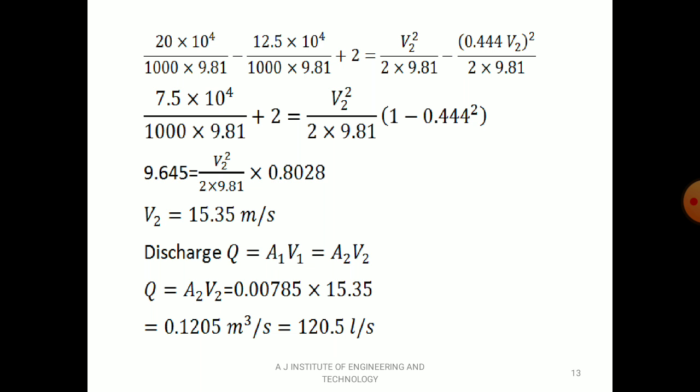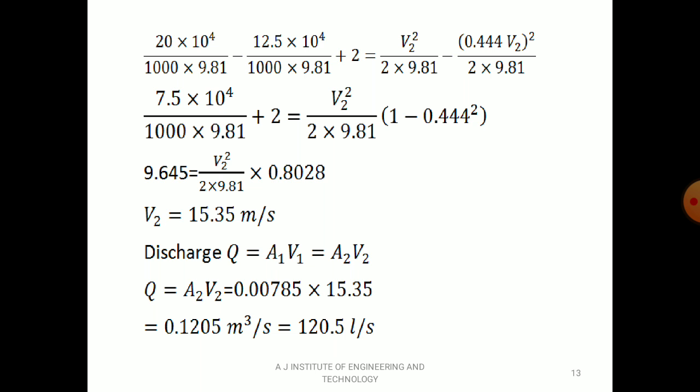That is equal to, taking V2 square common on the right hand side, V2 square divided by 2 into 9.81, times 1 minus 0.444 square. Now simplifying the left hand side, 7.5 into 10 to the power 4 divided by 1000 into 9.81 plus 2, I get the value as 9.645.